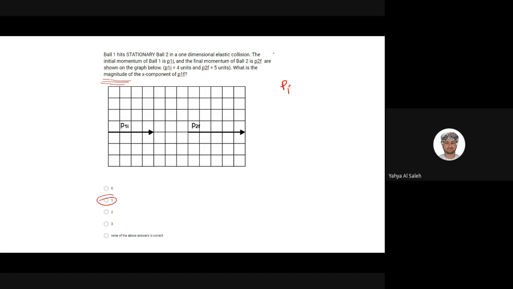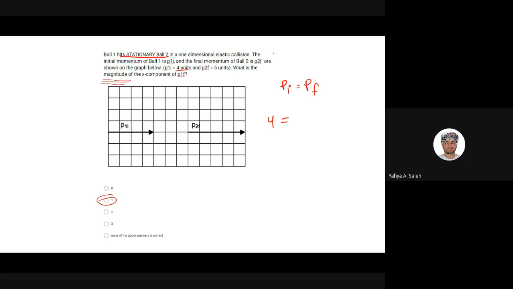We agree that Pi equals Pf, right? What is the total initial momentum? Ball 2 is stationary, so velocity is 0, so its momentum is 0. So Pi is equal to 4 units total.